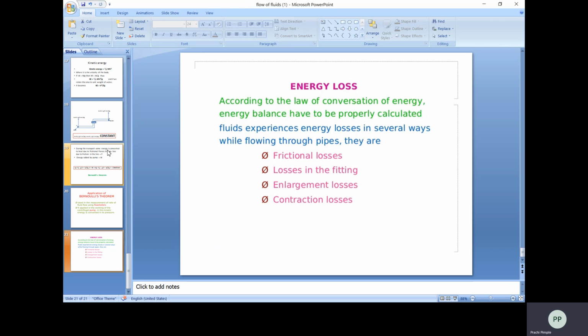Now, some energy losses have been considered in Bernoulli's equation, so that's why we have that minus F, right? It can be frictional losses, losses due to the fitting of the pipeline, due to the enlargement, or due to the contraction of the pipeline. So this is all about Bernoulli's equation.